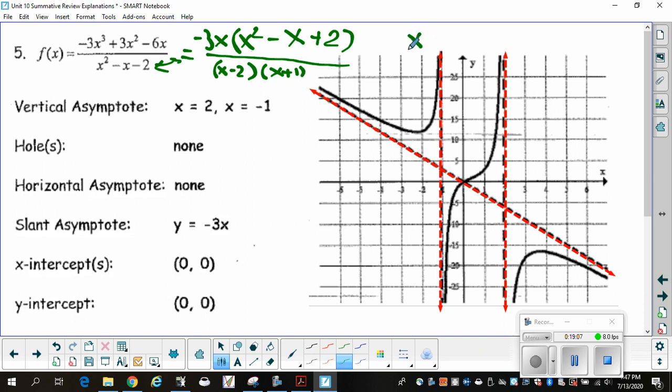That x cannot equal 2 or negative 1. Great. That means I've got vertical asymptotes or holes when x is 2. Well, it turns out that they're both vertical asymptotes. I have 2 vertical asymptotes because neither cancels.